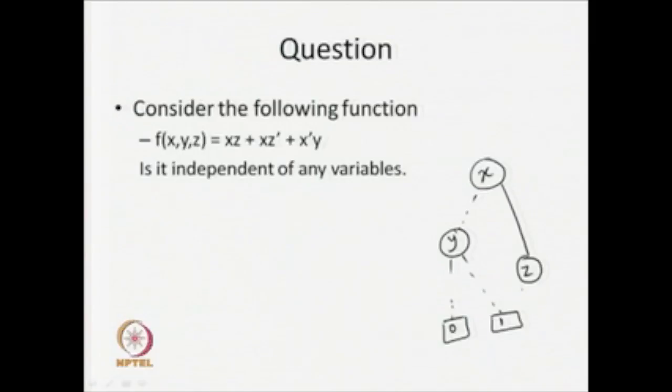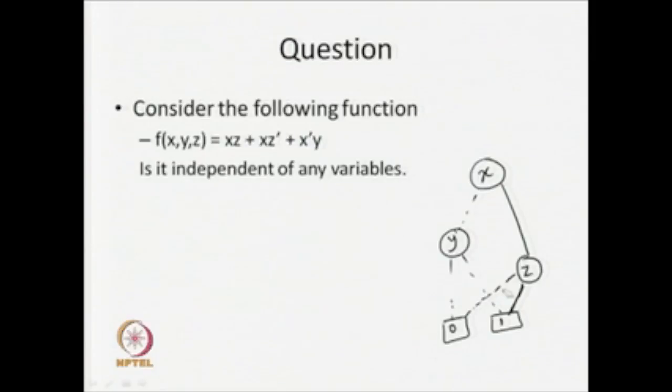Similarly, for x z, if z is equal to 1, what will happen? x equal to 1, z equal to 1. In this case my functional value is 1, and if x equal to 1 and z equal to 0, then my functional value is 0.